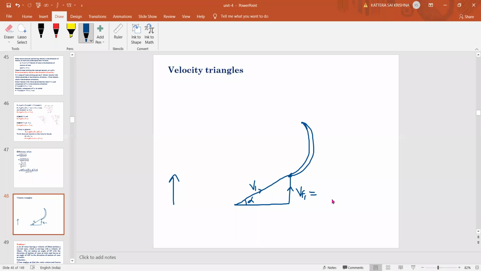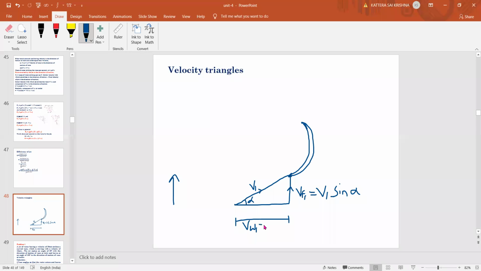That is what I am writing here: vf1 equals v1 sine alpha. So this is the vertical component, called vf1. Similarly, we have a horizontal component. This horizontal component is known as whirl velocity, vw1.